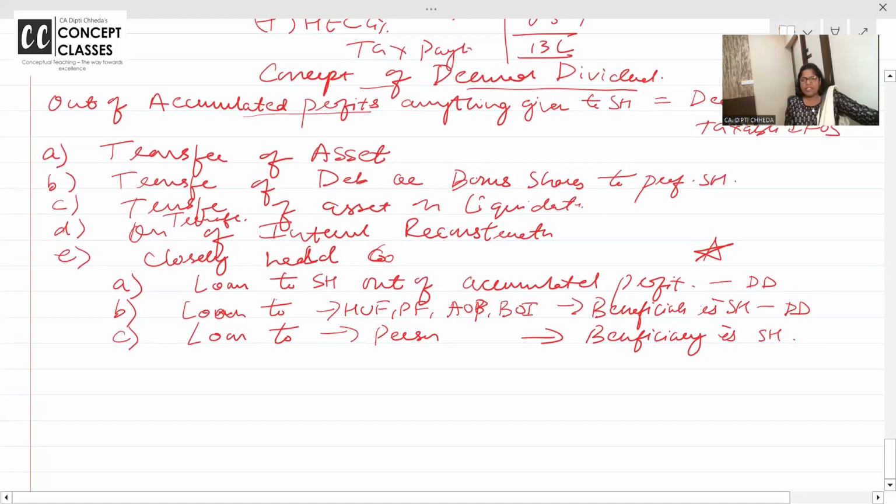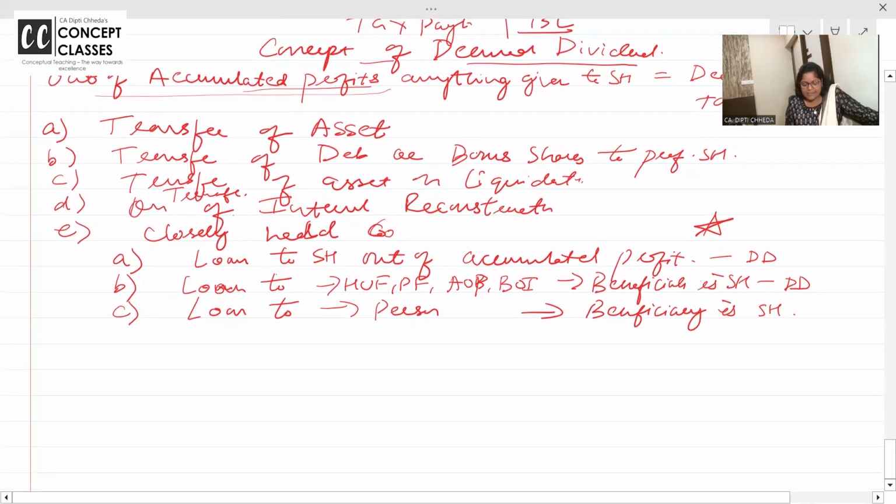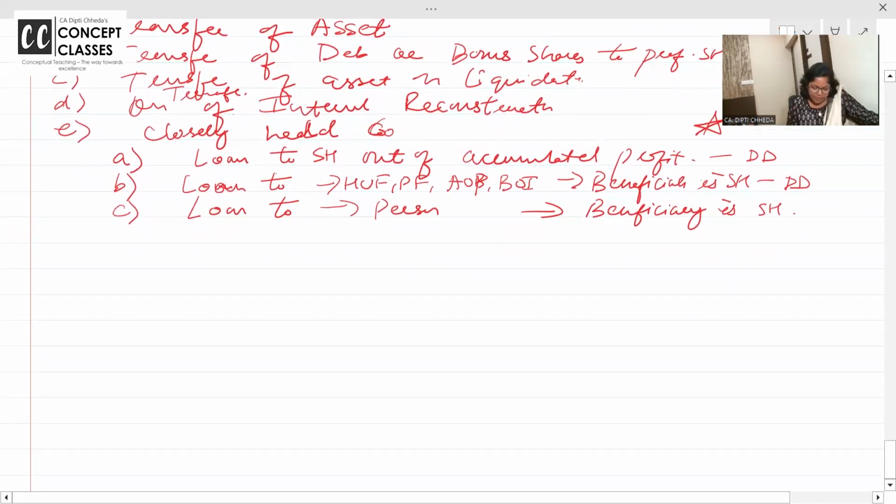Whether you transfer asset, or give debentures to shareholders or bonus shares, or give asset on transfer or internal reconstruction, or give a loan to shareholders, everything should be out of accumulated profits. Whatever you're giving like this is all taxable as deemed dividend out of accumulated profit.